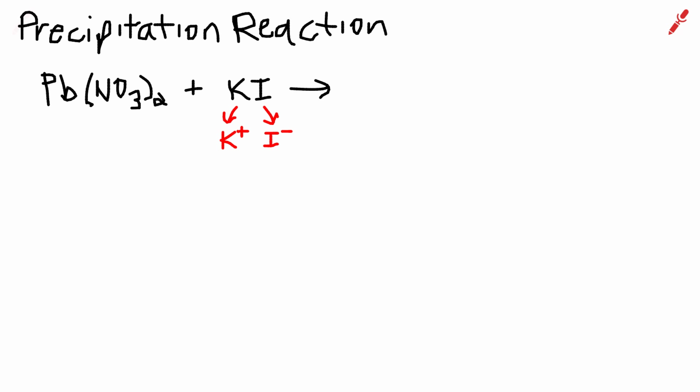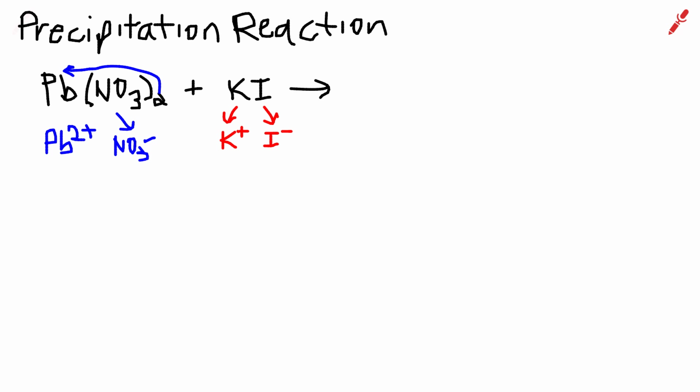The nitrate in lead(II) nitrate is maybe a little trickier. We know that the nitrate ion is NO3 with a negative charge. So if we did the crossover method, we might predict that lead is a +2, since there are 2 nitrates at -1.